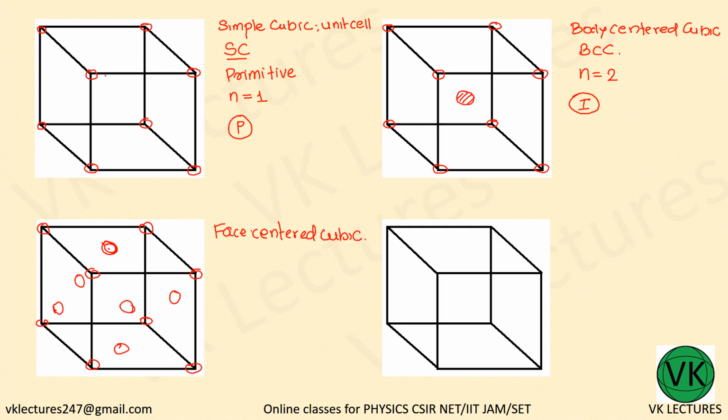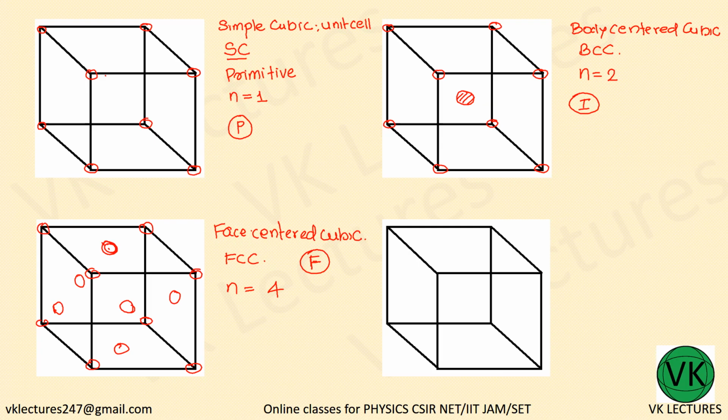So with all 6 faces there, it is represented by FCC or simply F. FCC has number of atoms n equal to: the corners constitute one atom in total, and six atoms on the faces each constitute half an atom, which is 6 times half, that is 3, so 3 plus 1 gives you 4.